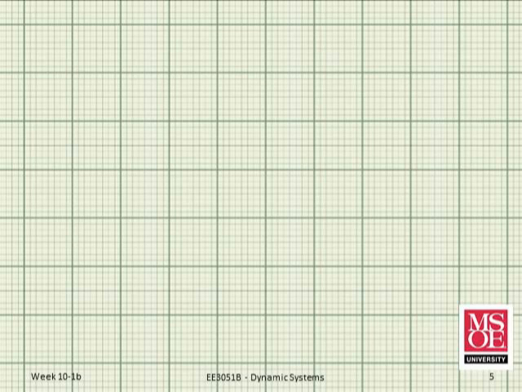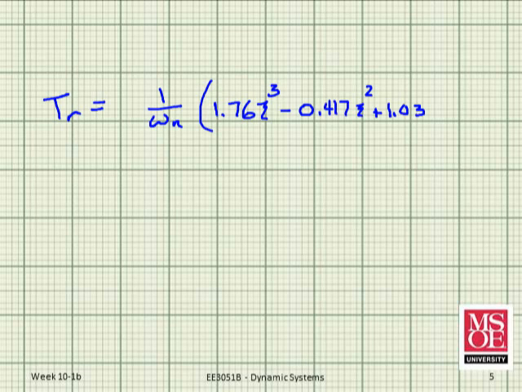There is a subnote in the text on this one, but a pretty good estimate, if our damping ratio is between 0 and 0.9, is that the rise time is equal to 1 over omega n times 1.76 zeta cubed minus 0.417 zeta squared plus 1.039 zeta plus 1. And that's a fairly good estimate.